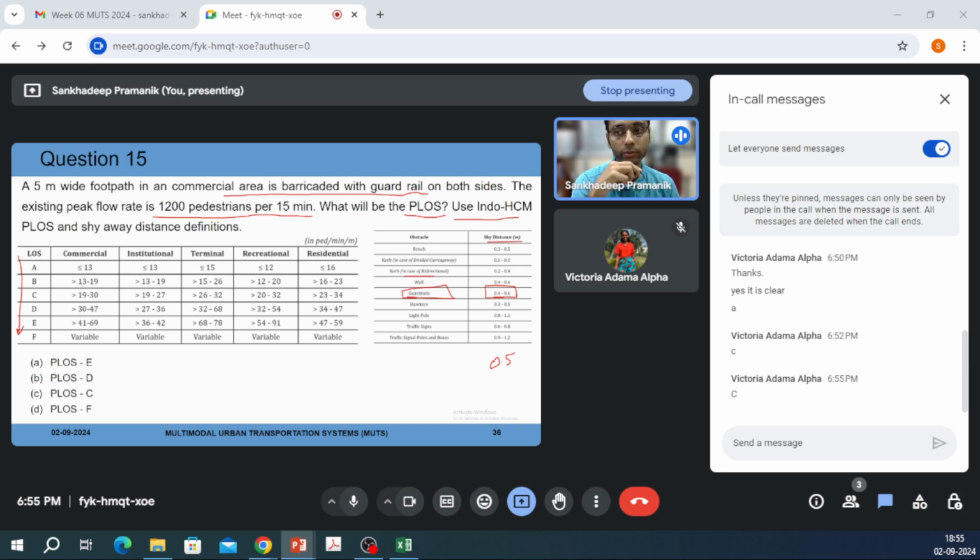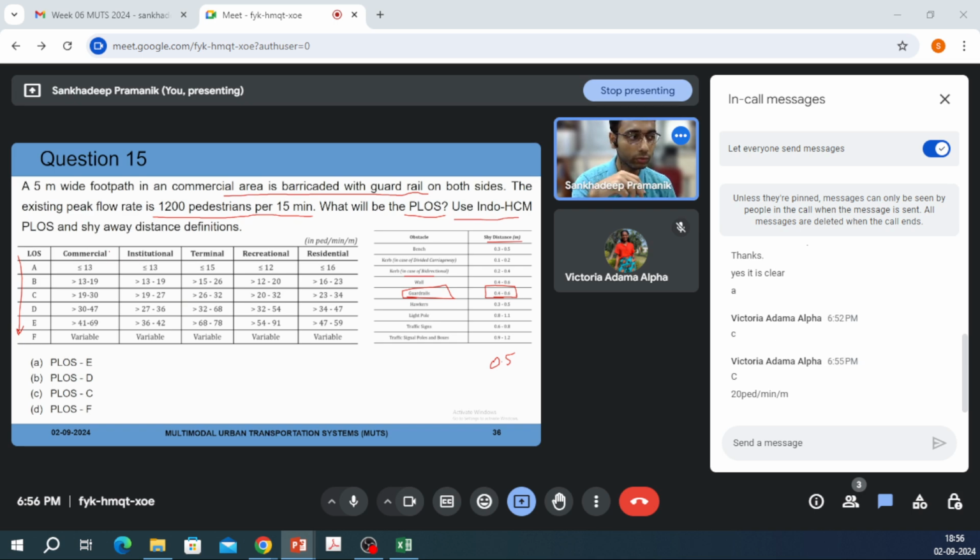So we need to use this table to calculate the PLOS for 20 pedestrians per minute. Yes, right. So this table will be used, and in what sense the values are given, that is pedestrian per minute per meter.